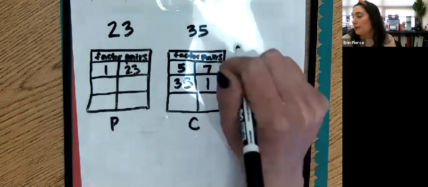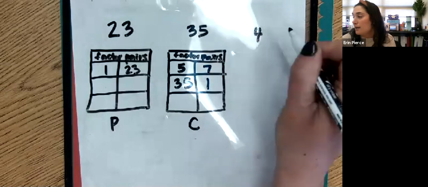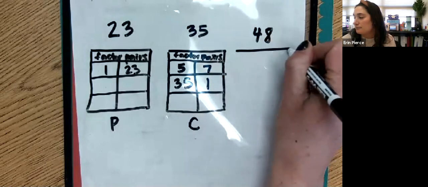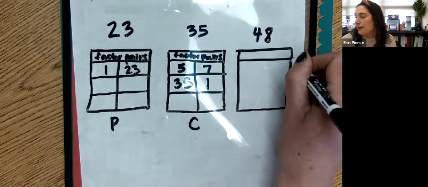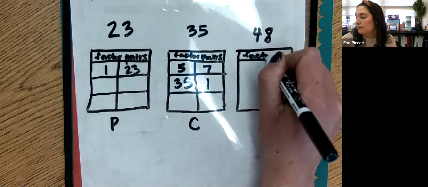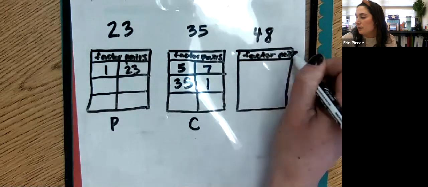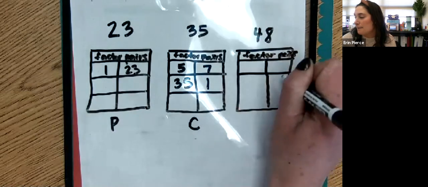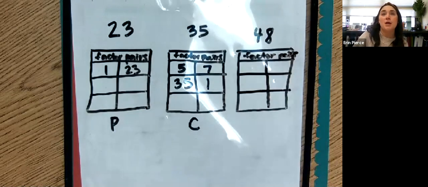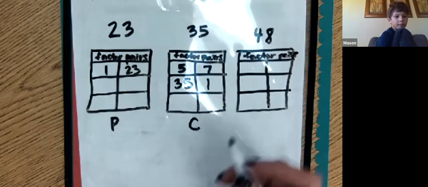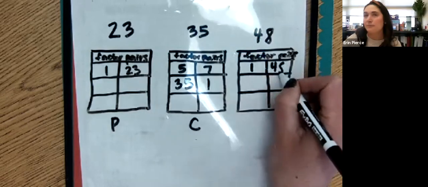My last number I'm going to ask you about is 48. Factor pairs of 48. What factor pairs do we know? Mason. 1 and 48.